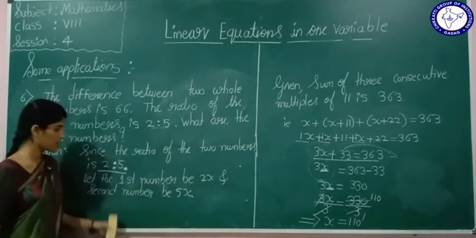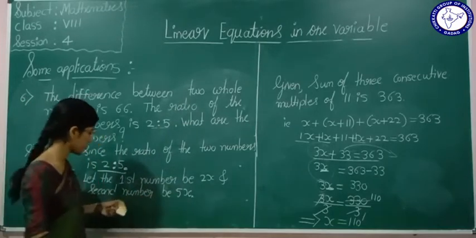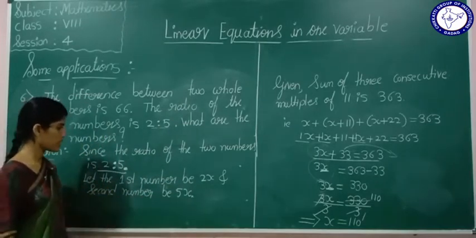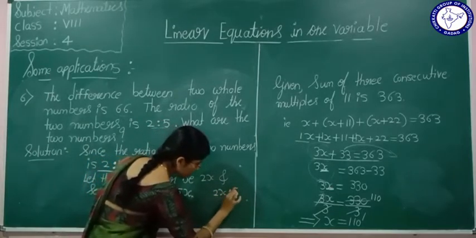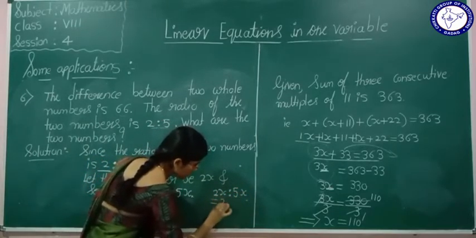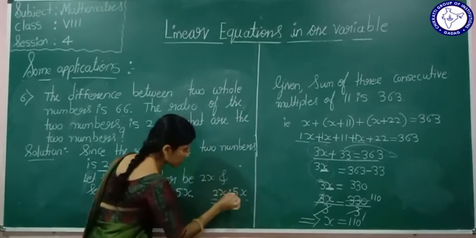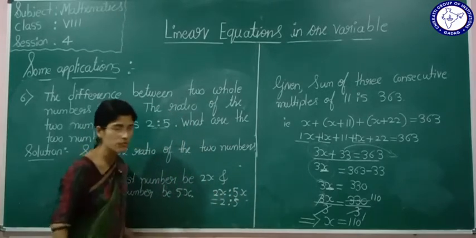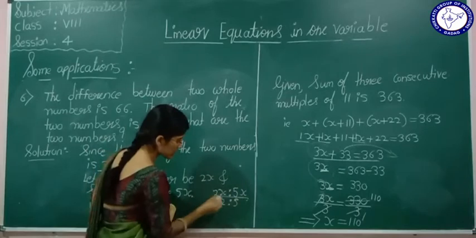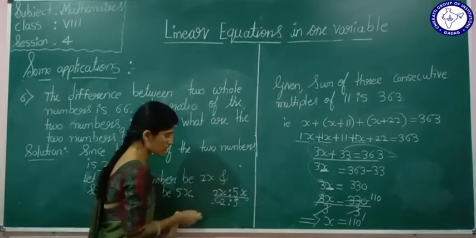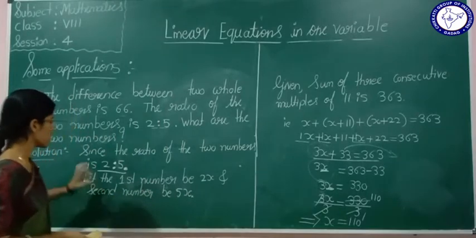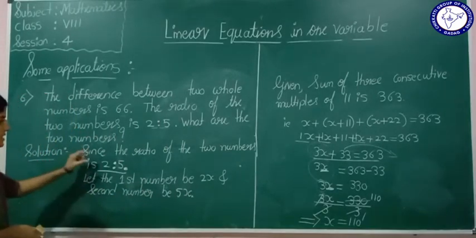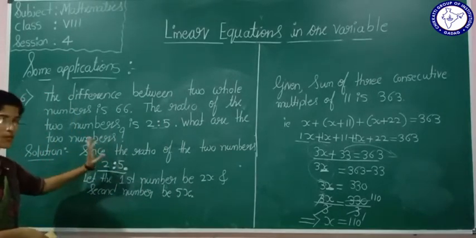See students, 2x is to 5x is the same as 2:5. Both are the same only, don't get confused. Now we took the first number as 2x and the second number as 5x.